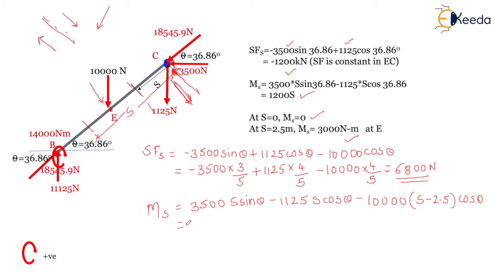So when we substitute values here, like 3500 into sine is 3 by 5 into s, minus 1125 into 4 by 5 into s, minus 10,000 (s minus 2.5) into 4 by 5.